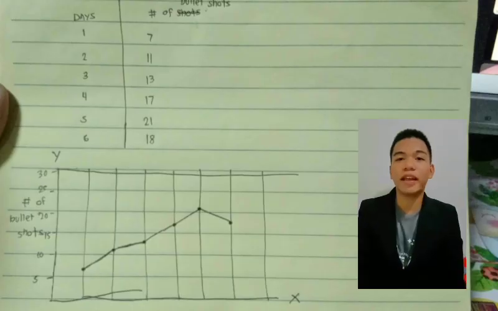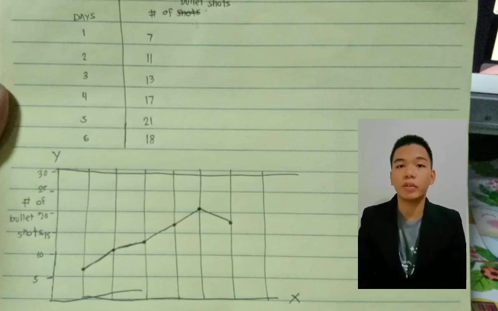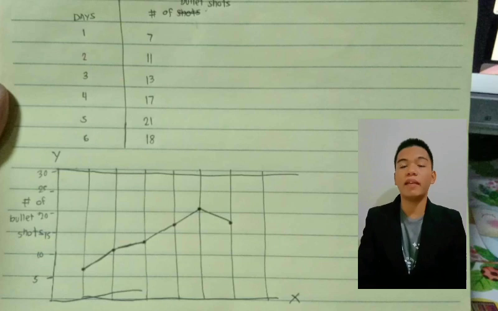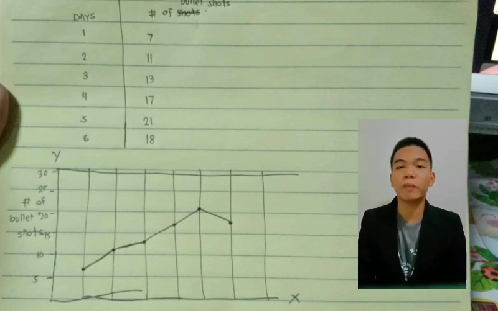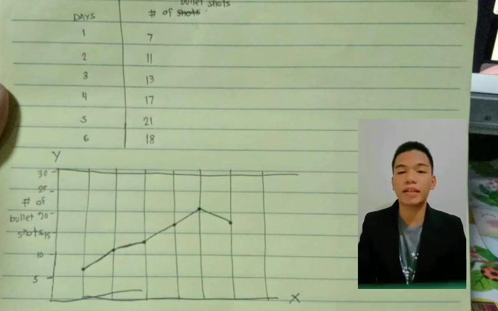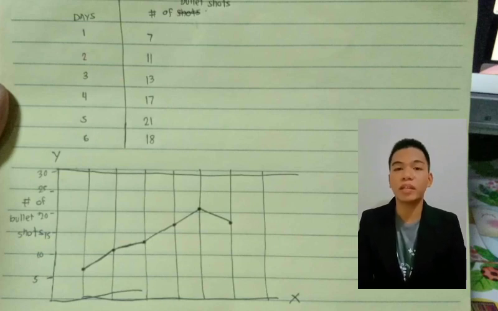In creating a broken line graph, first, you need to draw your y-axis and x-axis. And then label your y-axis as the number of bullets. Then your x-axis represents your number of days. Then show your interval using days and bullet shots.